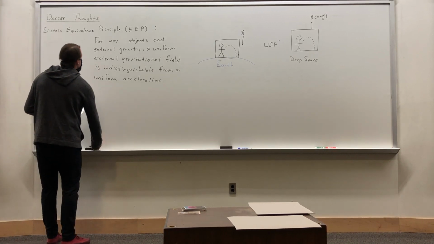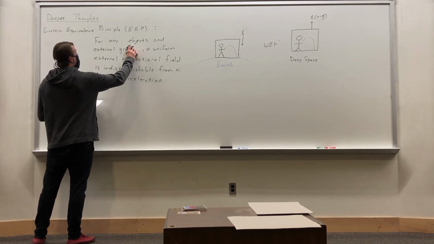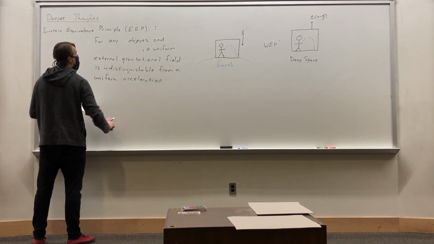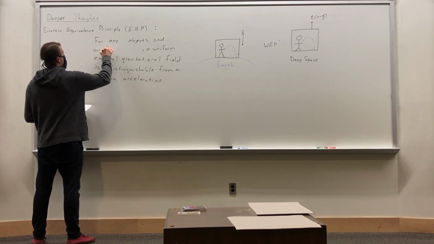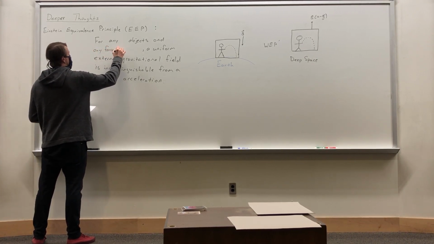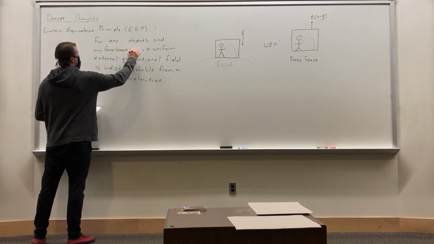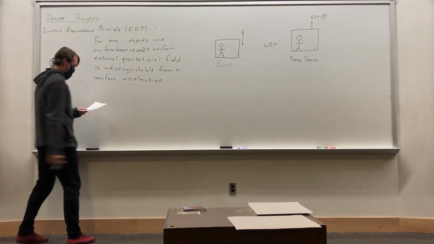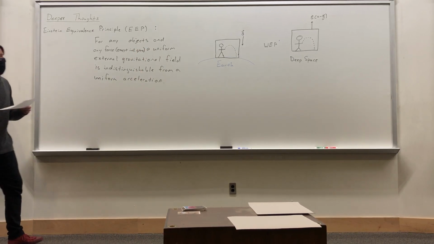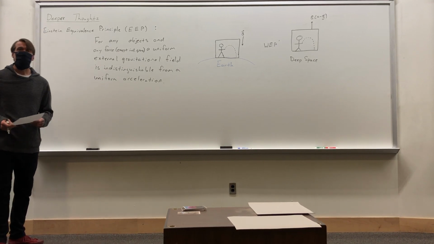For any objects and any force except internal gravitation, a uniform external gravitational field is indistinguishable from a uniform acceleration.